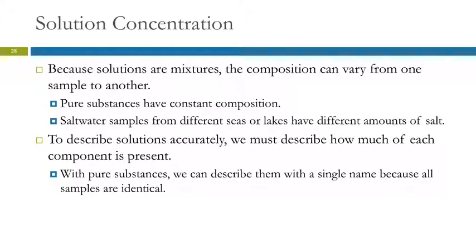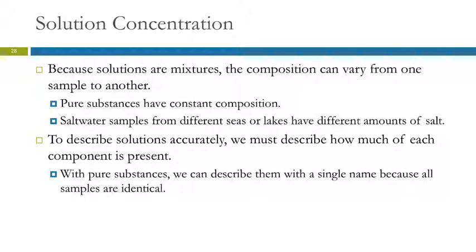Solutions are mixtures, and so the composition can vary. You could put in another teaspoon of salt or half a cup of sugar, right? And it would still be a solution, but it would be saltier or sweeter. Pure substances have constant composition. They always have the same relative amounts of components.